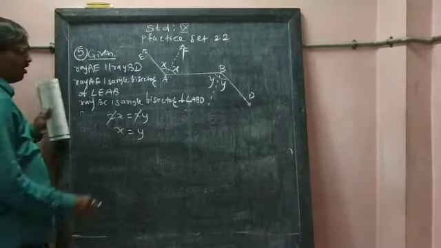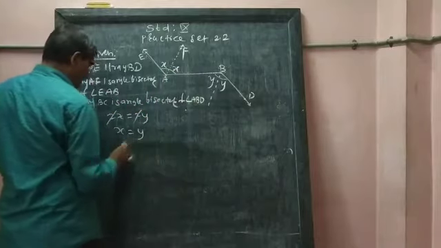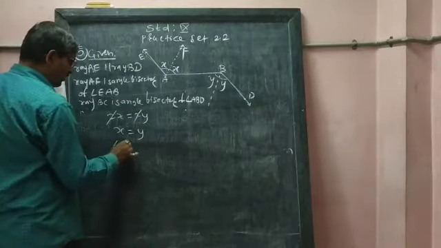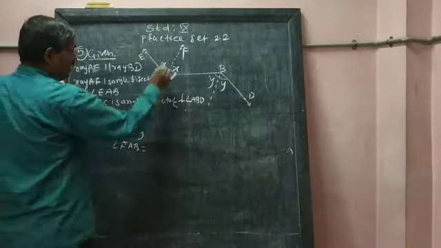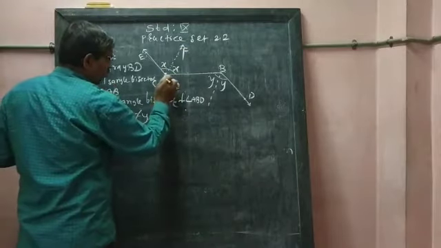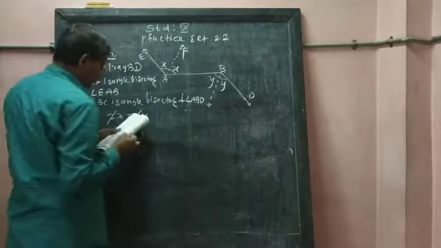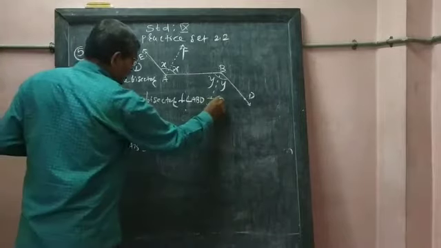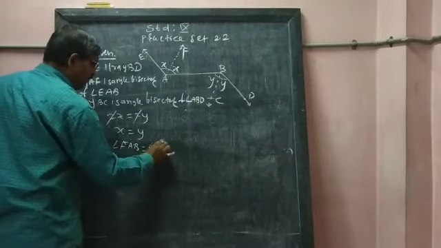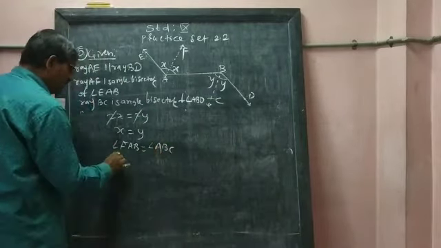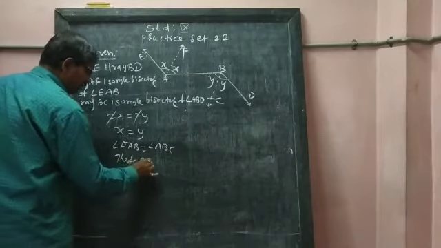Then x means FAB. Angle FAB is equal to angle ABC. These are alternate angles.